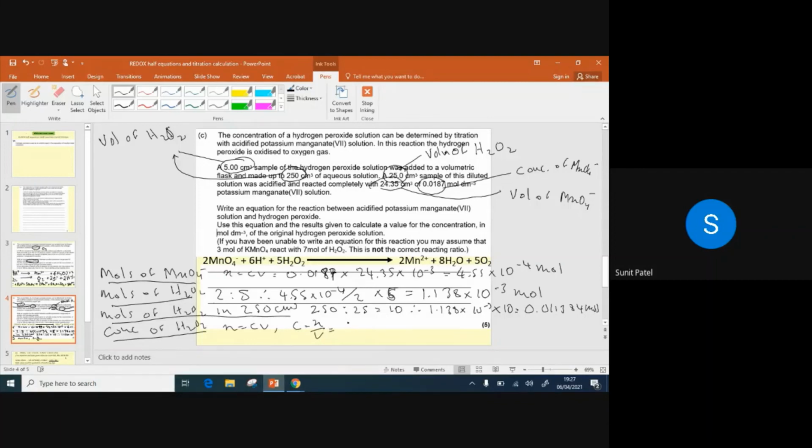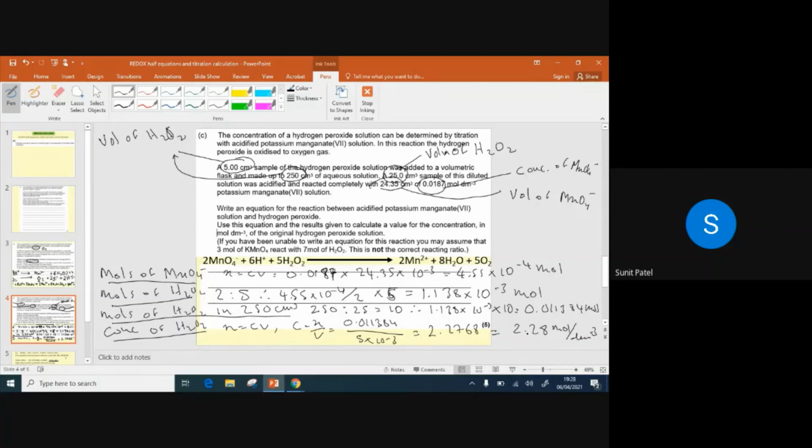And then we use the numbers: 0.011384 divided by 5 times 10 to the power minus 3. Once you put those numbers in, you'll end up with 2.2768, which we can round to 2.28 mole per dm cubed. And that's how you work out the concentration.